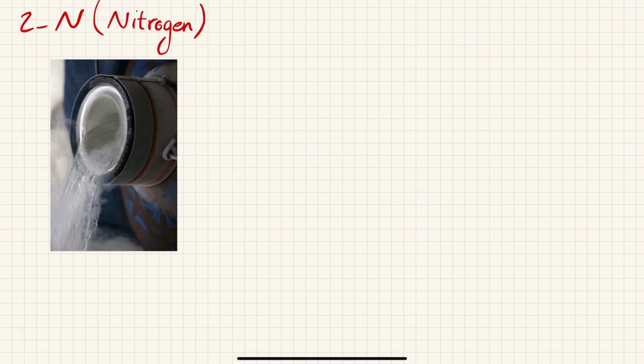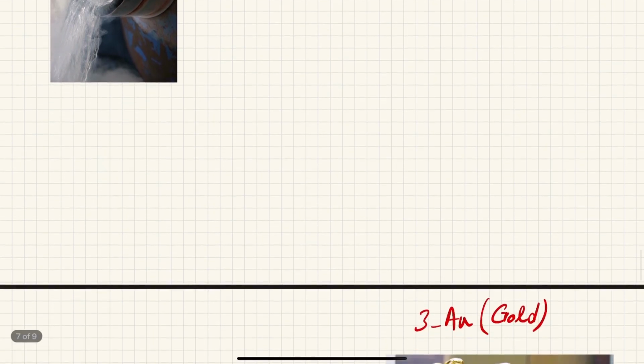Nitrogen. With this one, we can simply say that nitrogen in the form of N2 is a gas at 25 degrees Celsius, so it must be a nonmetal.